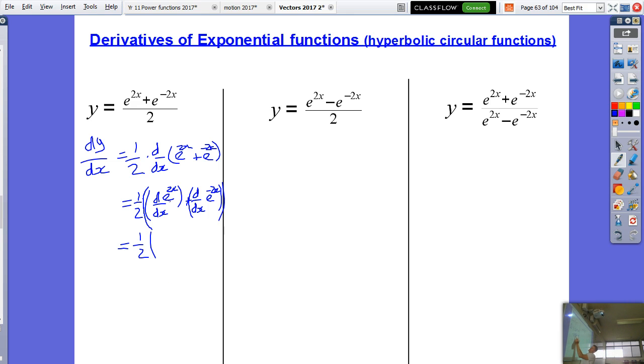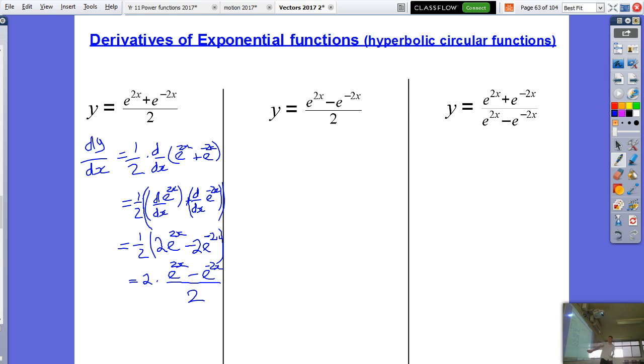Alright, so e to the 2x becomes its derivative, 2e to the 2x. For e to the negative 2x, the negative comes out the front and becomes negative 2e to the negative 2x. Now we've got this common factor of 2 that comes out, and we've got e to the 2x minus e to the negative 2x, with still that factor of a half that we took out because it didn't take part in the process.